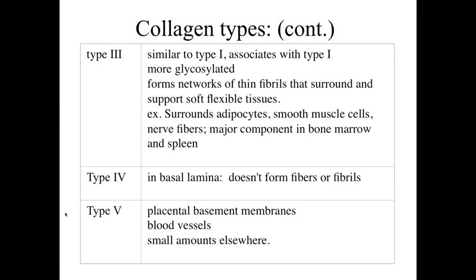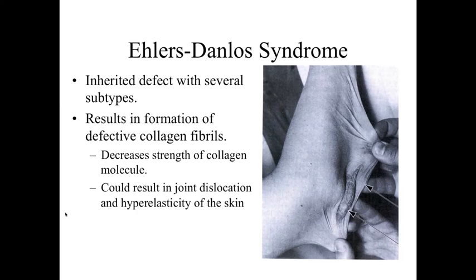It's going to be intertwined and interwoven, forming a good, strong supporting meshwork within the basal lamina. And then finally, we have type 5 collagen, which is found rarely within the body. It's within placental basement membranes, in some of the blood vessels, and in small amounts elsewhere.